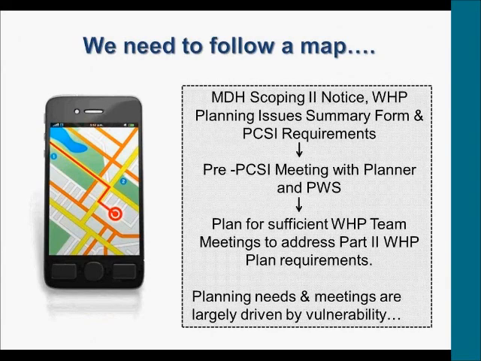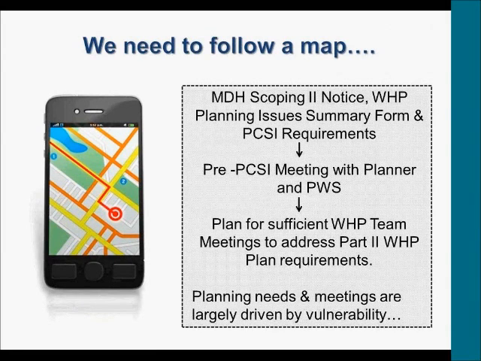And some of the things we use, I mentioned, the health department issues a scoping 2 notice, and that's really part of that roadmap that lays out what are the components that need to be included in that Part 2 plan. What are the priority issues as it relates to the geology, the vulnerability? Do we have any water quality issues? Those are all included and identified in that scoping notice.